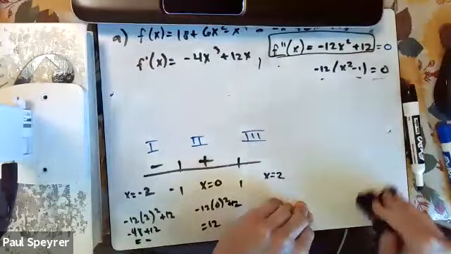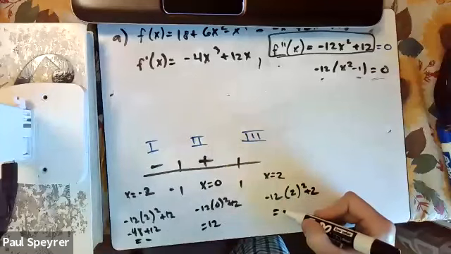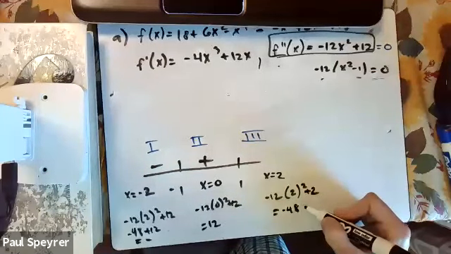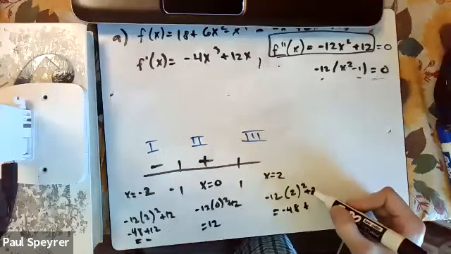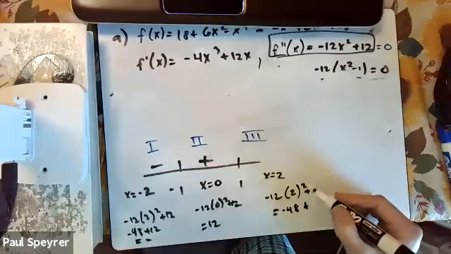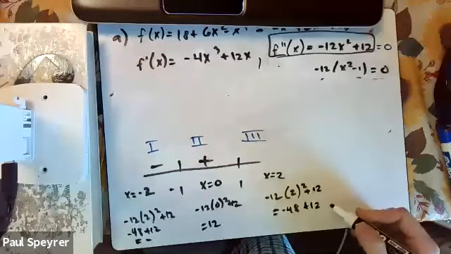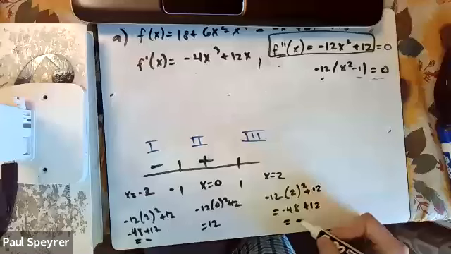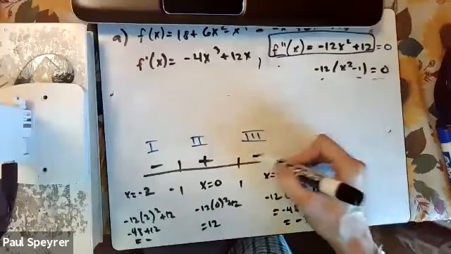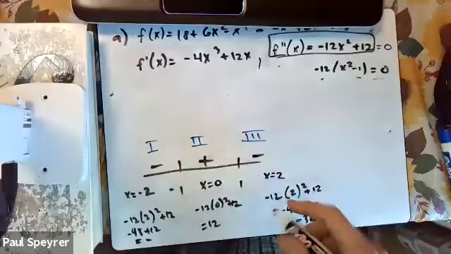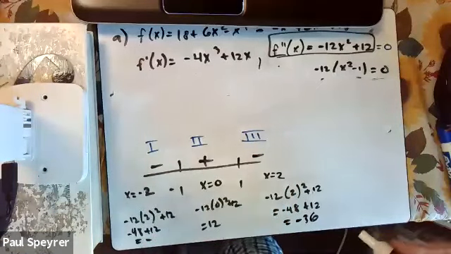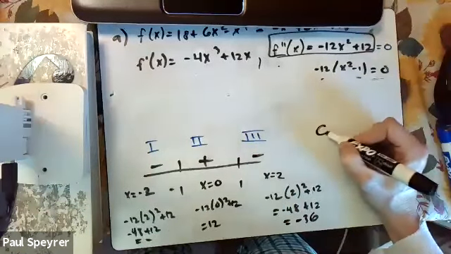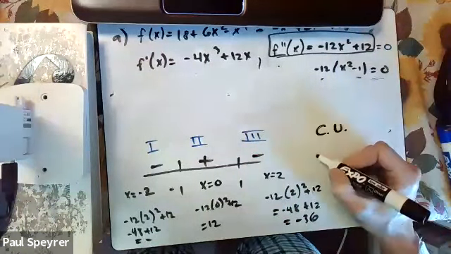And then we get 4 times negative 12, that's negative 48 plus 12. And we get a negative, right? If you really want, you could say it's negative 36. But what matters is that it's negative.